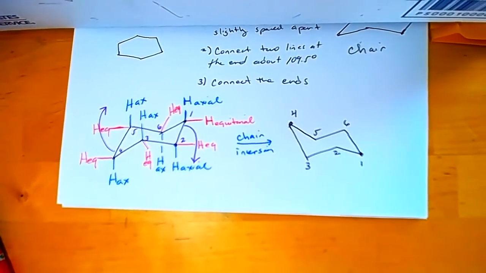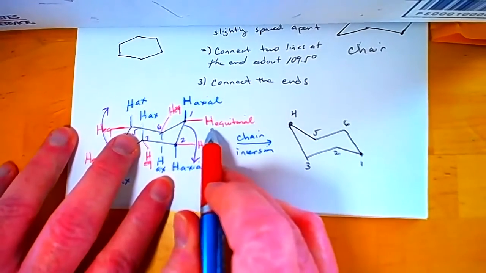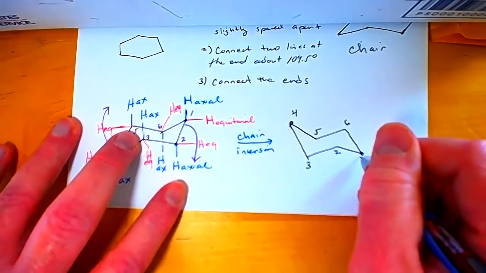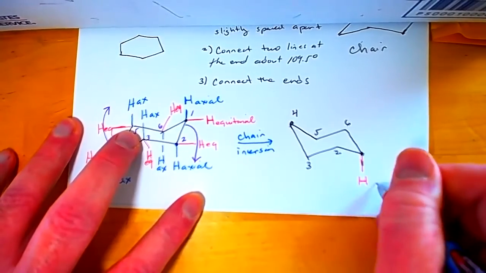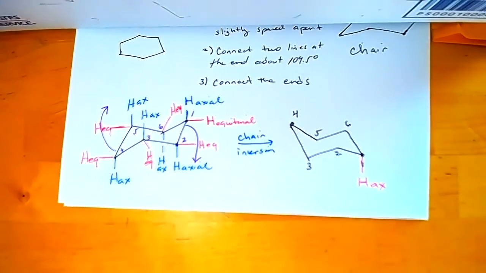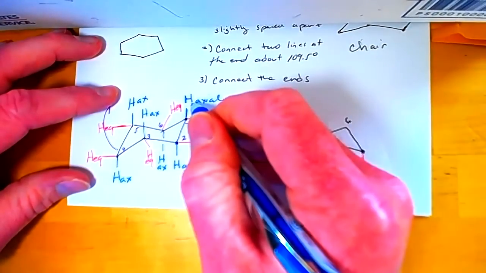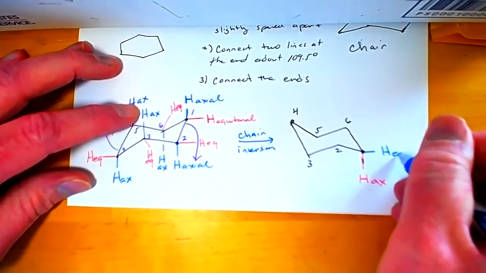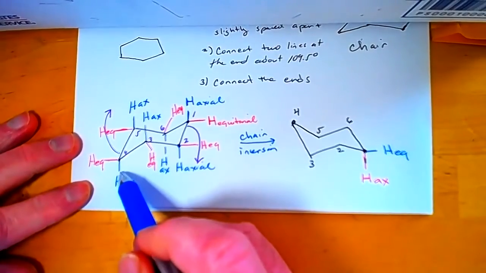Now, there are still obviously all those hydrogen atoms there. But what happens when you do this is that the hydrogen atom that was red, that was drawn equatorial, well, when you do this chair inversion, now that hydrogen atom is going to be pointing down, but it's going to be axial, okay? And this hydrogen atom that was axial, well, it's still going to be pointing up, but it's going to be equatorial, okay?